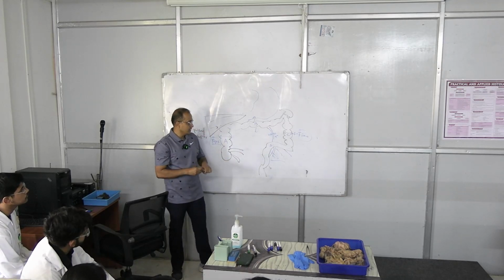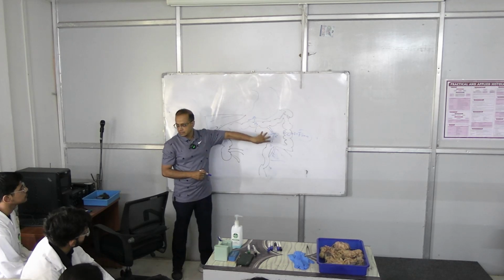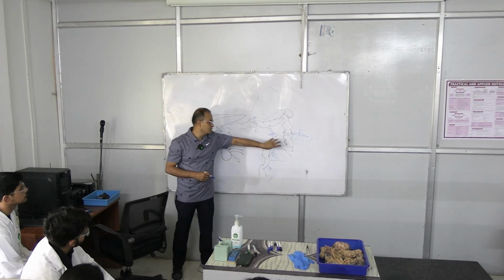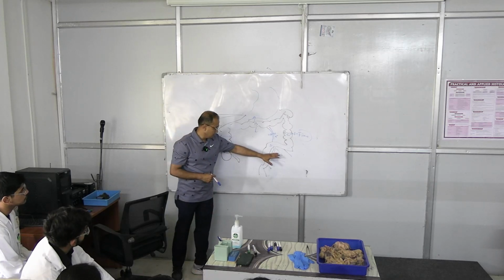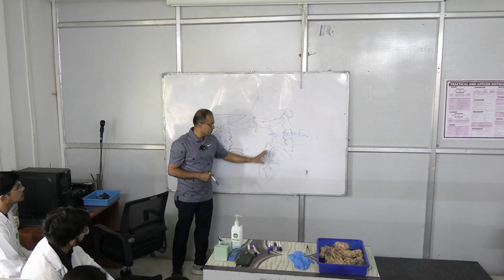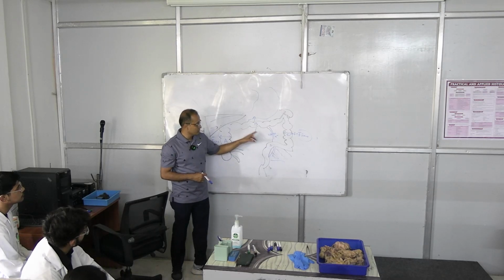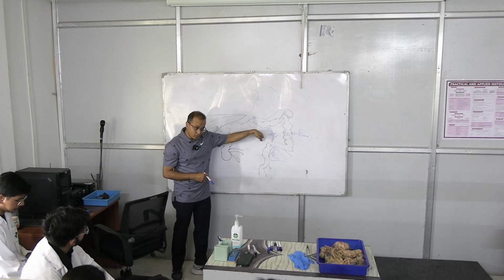Remember that the ureter is related to the sigmoid colon because, as it goes down, it lies deep to it. So the sigmoid colon is mobile, the transverse colon is mobile, and the sigmoid colon is related to the ureter, which lies retroperitoneally.